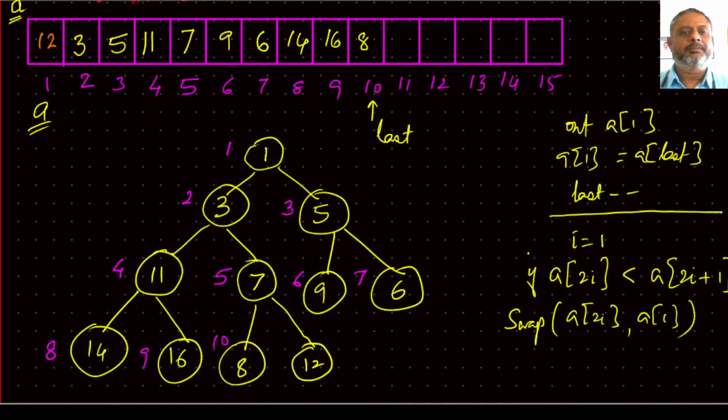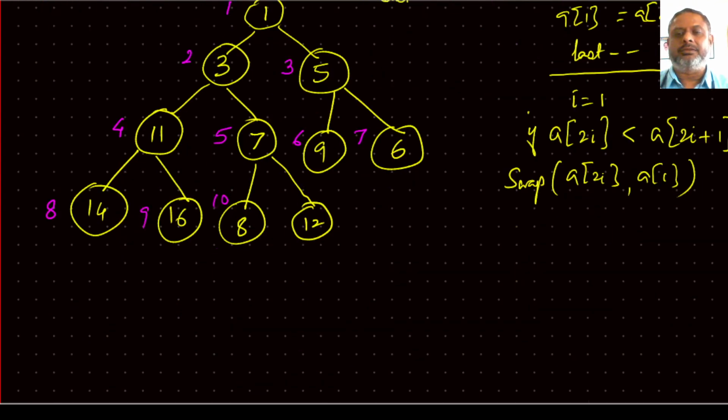Once that is done, what's the next thing? Now 12 has shifted to position 3, and therefore position 3 has to be updated. From position 3 onwards, updation has to take place. Therefore, I is changed to 2i. This is if the condition is true.